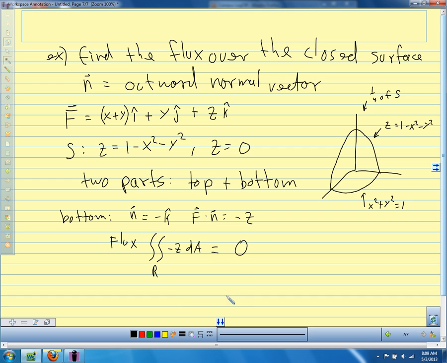Z is 0, so this integral evaluates to 0. There's no flux out of the bottom of this surface. And if we look at our field, when z equals 0 in the xy plane, there's no k component of our field, so none of the field is flowing across the surface at z equals 0. So on the bottom, the flux is 0. So now we just have to worry about the top.